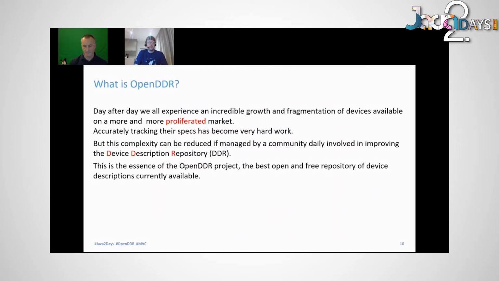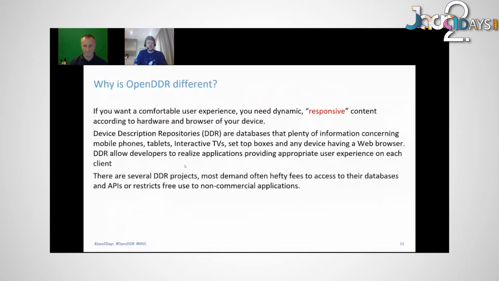That's why OpenDDR is different in the sense that it's open source and free to use, both for commercial and non-commercial applications. And even though over the years, some of the power users have now shifted a little bit to something like responsive CSS design, and some of them may no longer need a vast device repository.